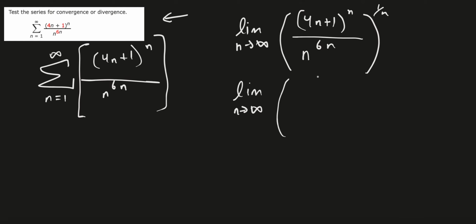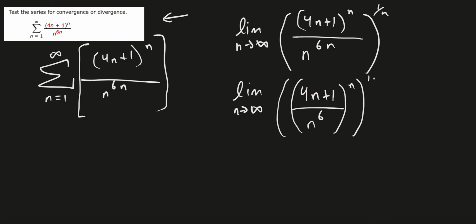What we'll do here is take an n and write n to the 6th, and then all of this raised to the nth power, and all of this raised to the 1 over n. So it's kind of beautiful how this goes away and becomes 1, and so we end up with the limit as n approaches infinity of (4n plus 1) over n to the 6th.